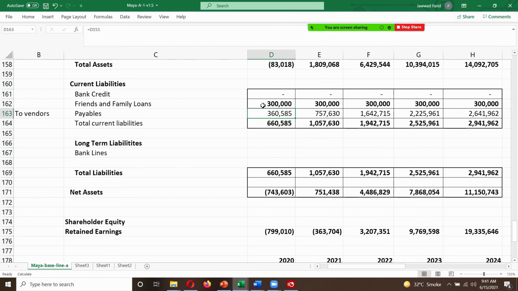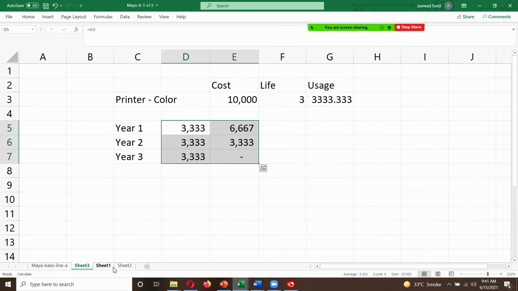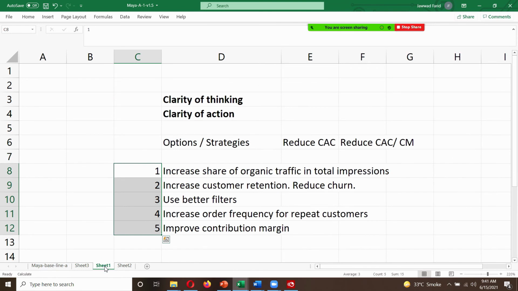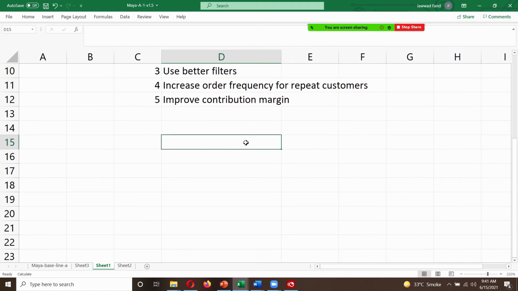So one big challenge here right now is that if you remember when I spoke about statement of cash flows, I go back, sheet 3, sheet 1, options and strategies. So we spoke about statements. When you spoke about financial statements, profit and loss, P&L.